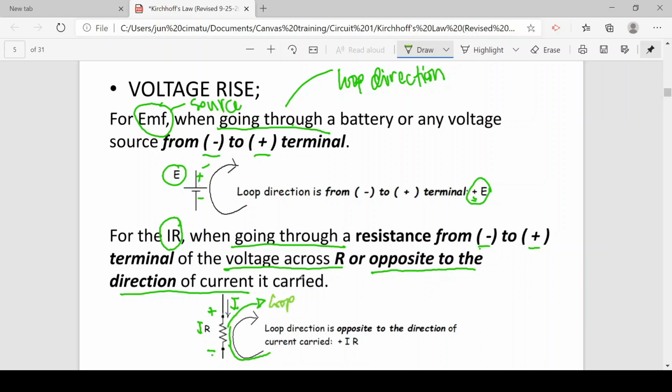This is the loop. The I times R is positive because we leave the positive terminal of the voltage across the R. Or we are opposing the direction of the current I that passes through the R.